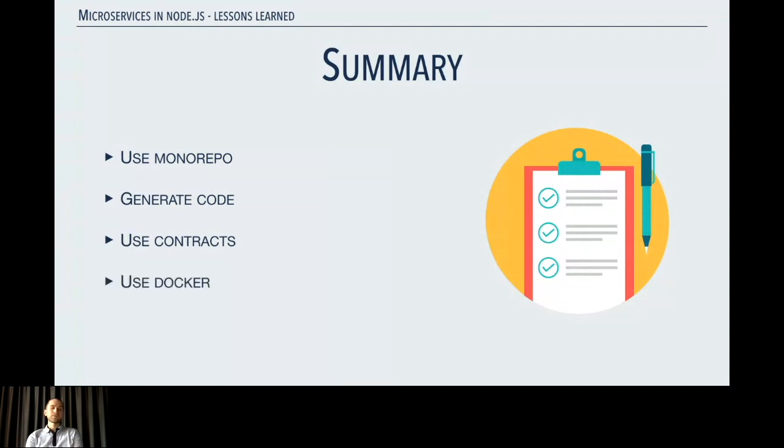Yeah, use Docker if you know how to, because at the beginning we had actually also some problems with it, but we solved them. So if you know how to use it properly, it gives you a lot of possibilities. For example, it gives you a possibility to test your infrastructure and control that infrastructure and test.